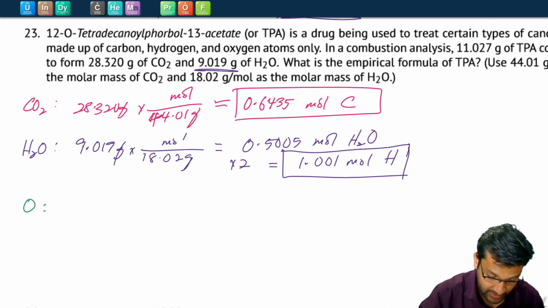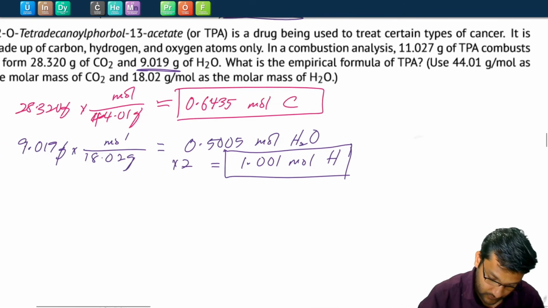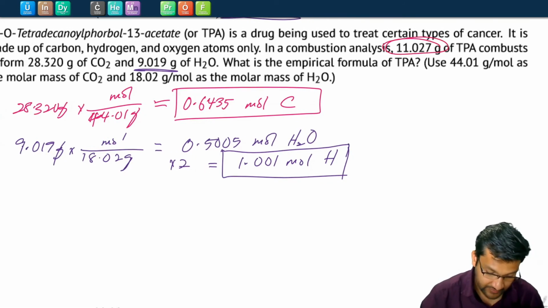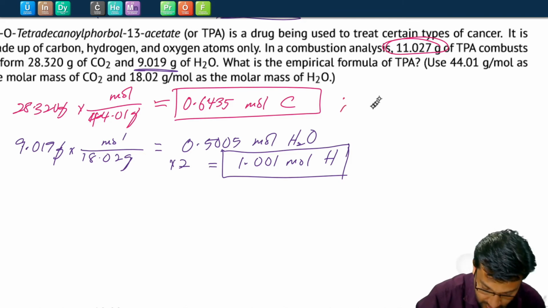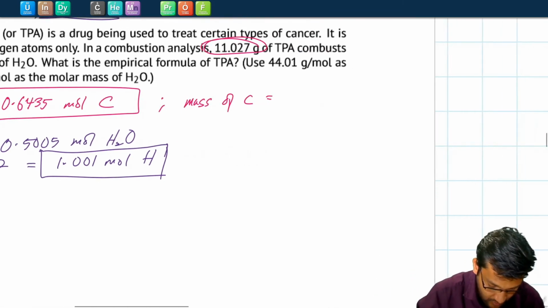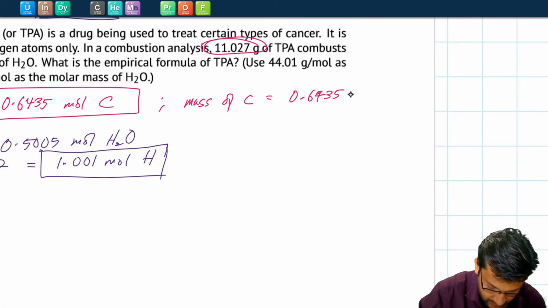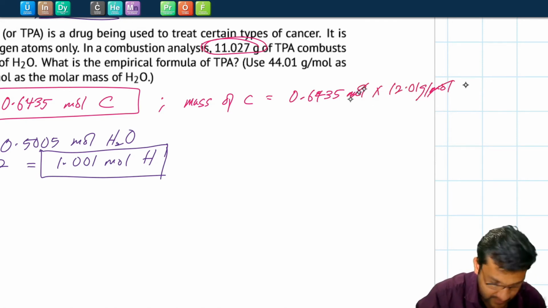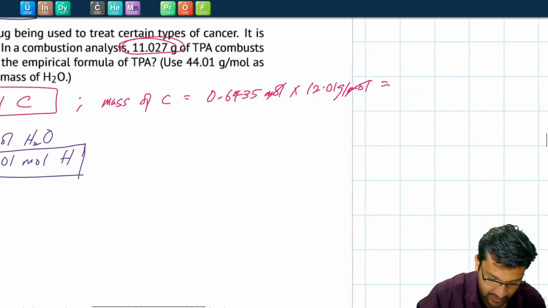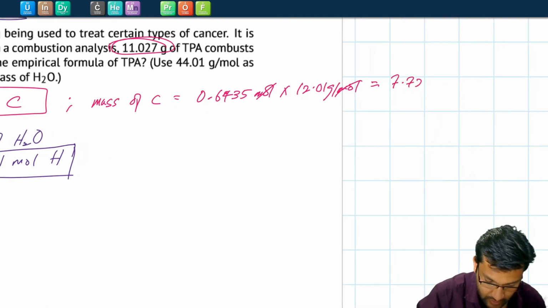But before we do that, they give us a total mass right here. We need to figure out the masses of carbon and hydrogen before we can subtract from the total. So mass of carbon, we take the number of moles, 0.6435 moles, times the molar mass of carbon, 12.01 grams per mole, gives us the mass of carbon as 7.728 grams.